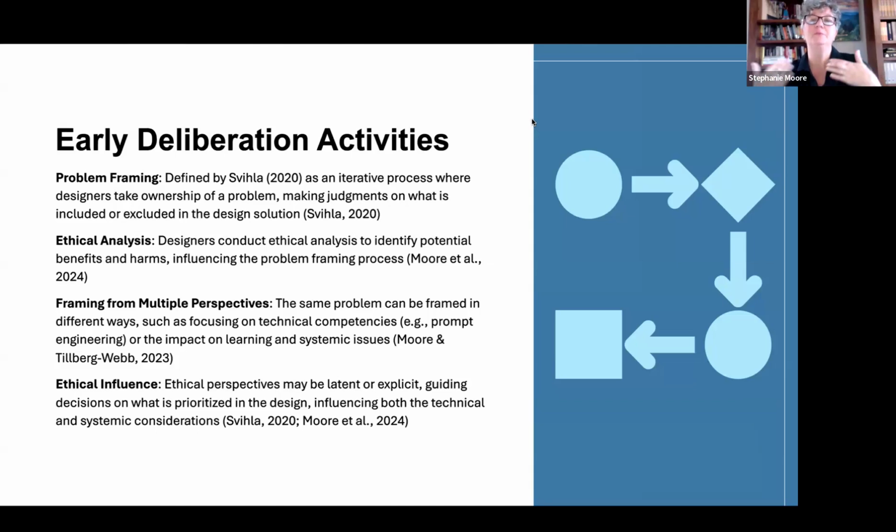So for example, I used to do a ton of work in online learning and development. I could frame that work as I need to develop online learning and make sure that that's available for folks. I can also frame what I'm working on as I want to design and develop online learning that is as accessible as possible to all learners.